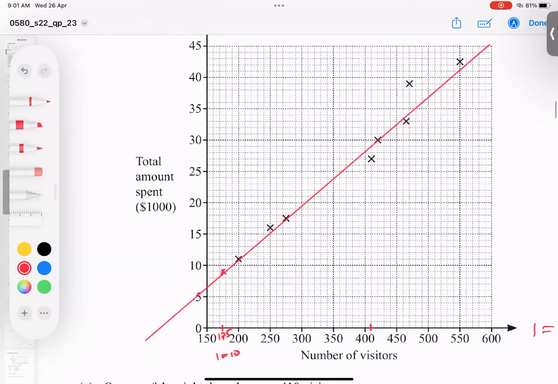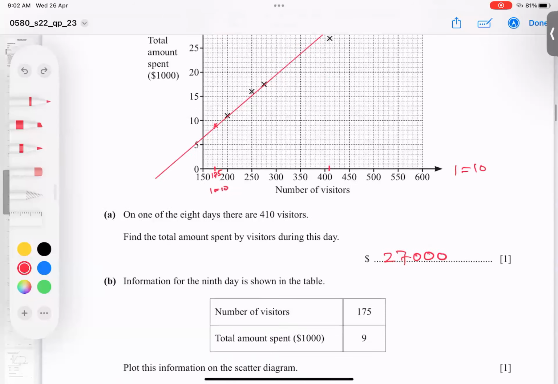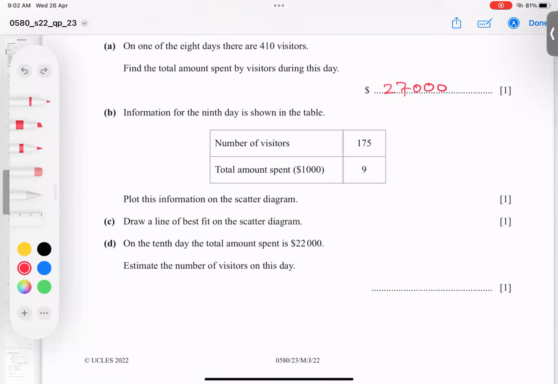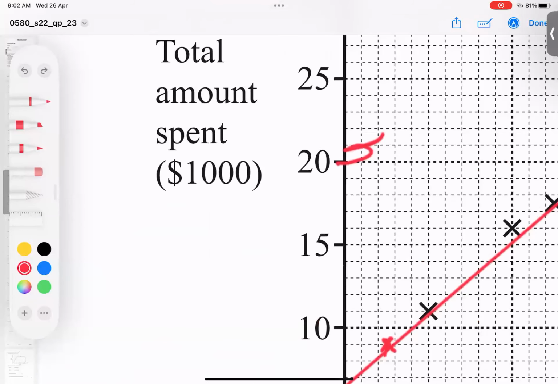Okay, and the best fit line is drawn. One mark again. Find the estimated number of visitors. Look, I read again: on the 10th day, which is not mentioned in the graph, the total amount spent is $22,000. How many visitors are there? So repeat, $22,000. Where? 21, 22. This is $22,000.